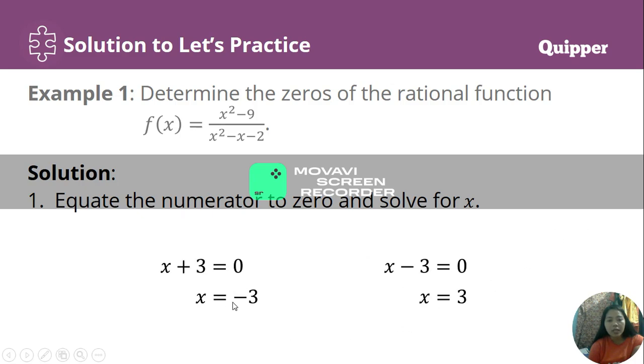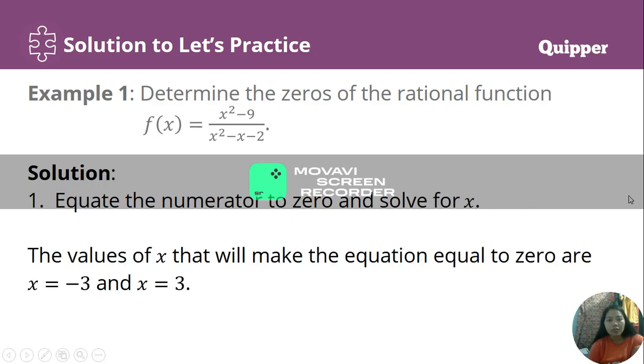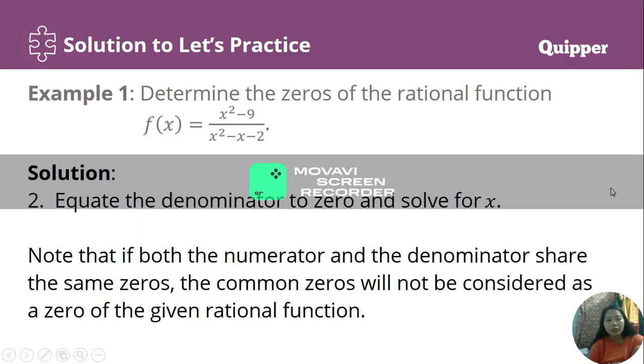That becomes x equals negative 3, x equals 3. So it makes the numerator 0 if we substitute here. So x equals negative 3 and x equals 3 will make the rational function 0. It's very simple. You just need to factor the numerator and then find the value of x, and that will be your zero.